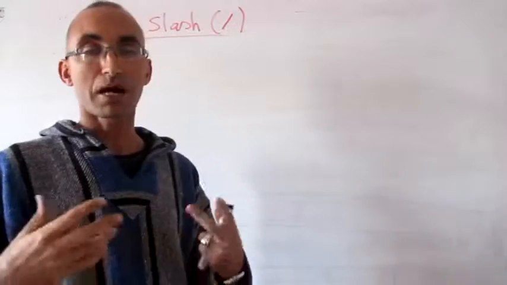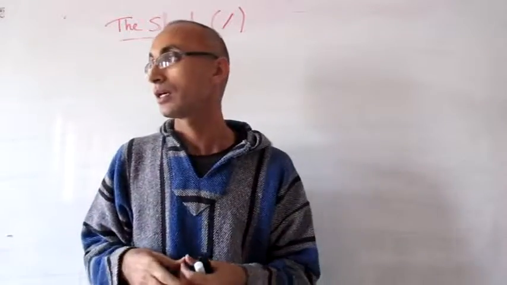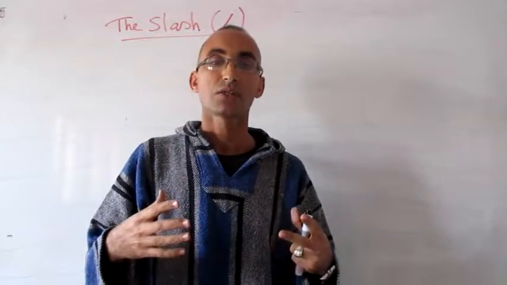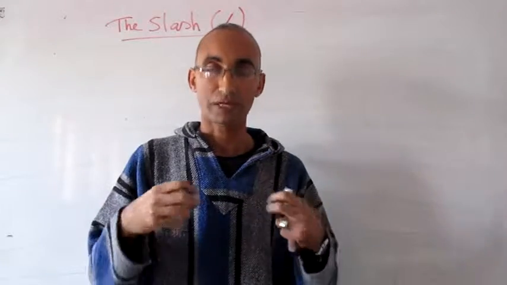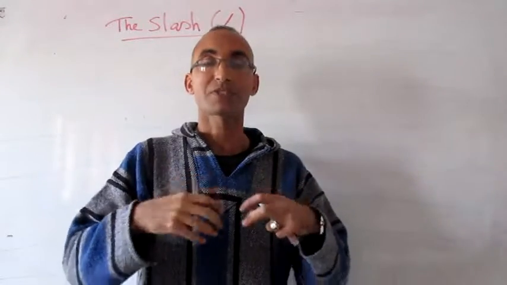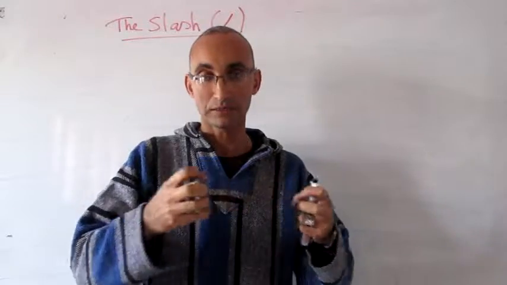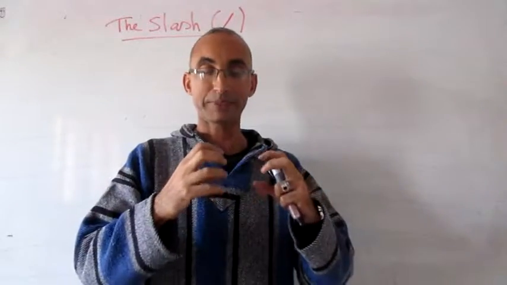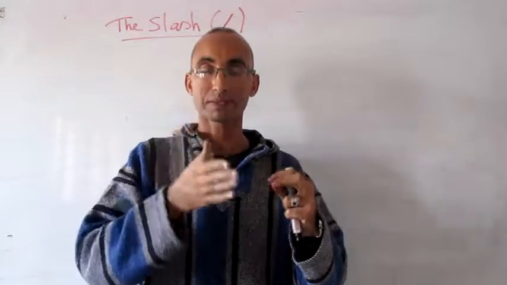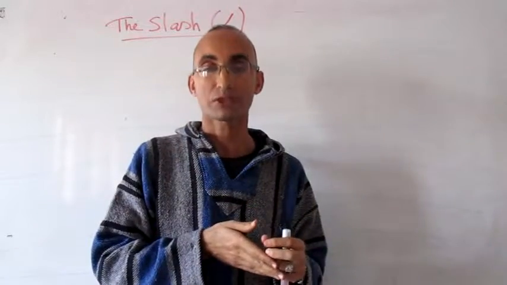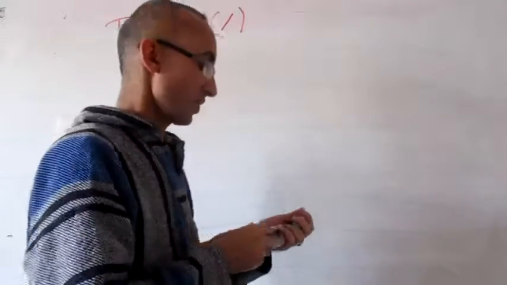The first use of this mark that we encounter concerns fractions. Fractions, if you want to represent them horizontally, keeping the numbers together, we must separate parts of fractions by means of the slash.